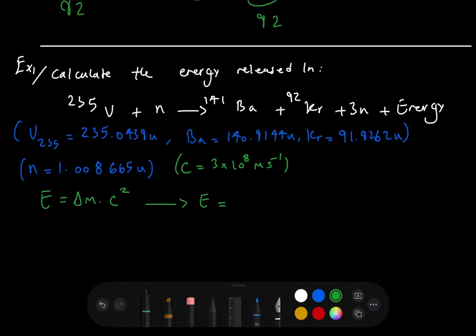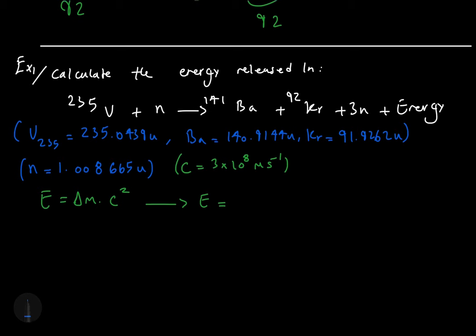So delta M would be 235.0439 plus the mass of one neutron, 1.008665, minus the mass of whatever's on the right side, so the barium, krypton, and the 3 neutrons.